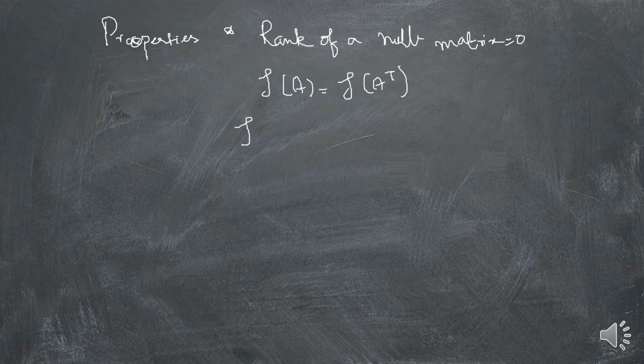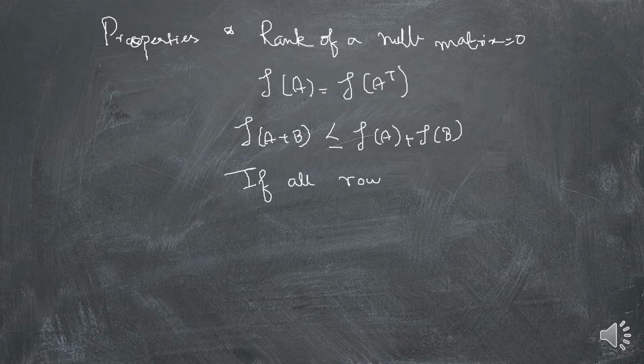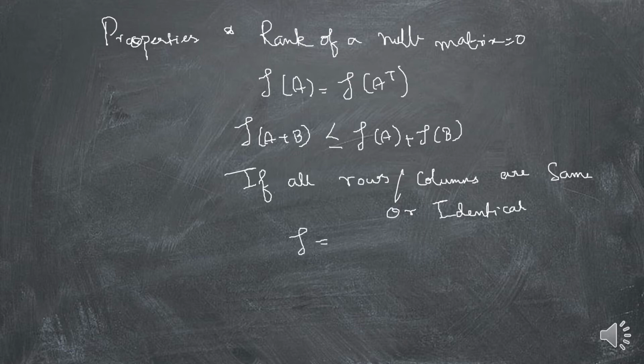The next property is rank of A plus B is less than or equal to rank of A plus rank of B. And the next point is if all rows or columns are same or identical, then your rank is 1.